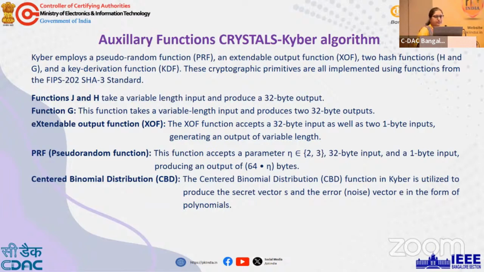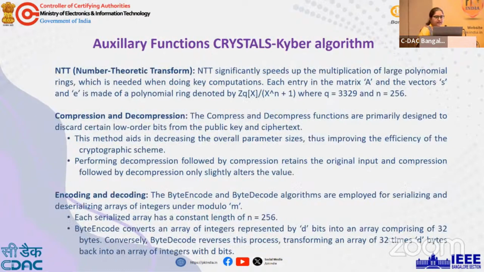And the central binomial distribution functions in Kyber to produce the secret key S and the error noise vector E in the form of polynomials. And NTT, the number theoretic transform, is basically used for multiplying large polynomials in the rings.